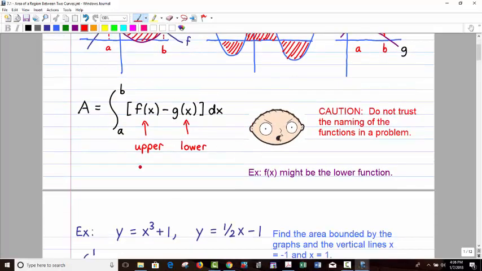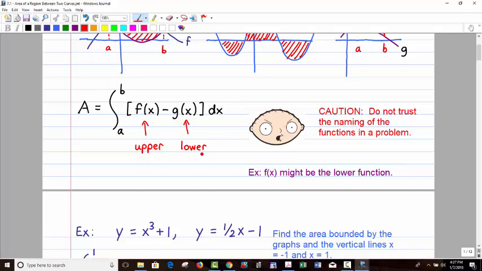Now this is the general formula for a single region of integration, where one graph is consistently above the other graph for the entire region a to b. The formula is written as f of x minus g of x, but you have to be real careful: don't treat that as an absolute value. In other words, what I wrote down here means upper minus lower.